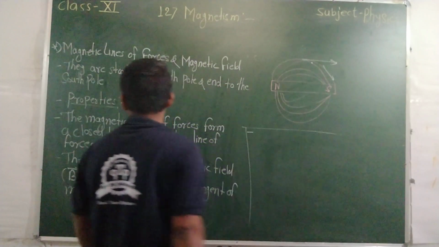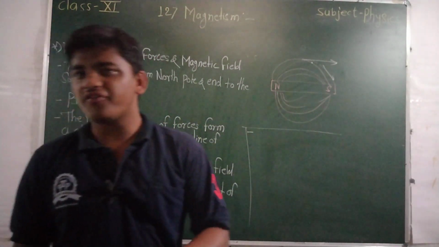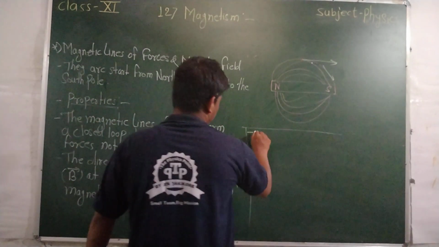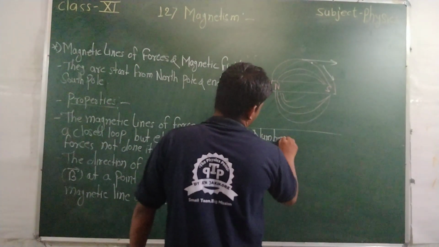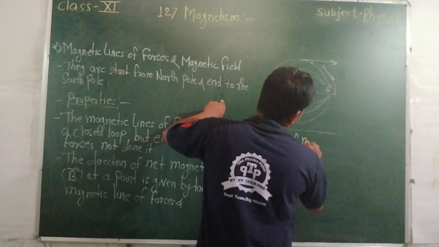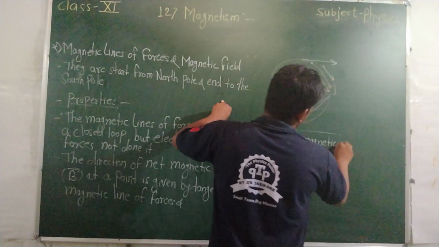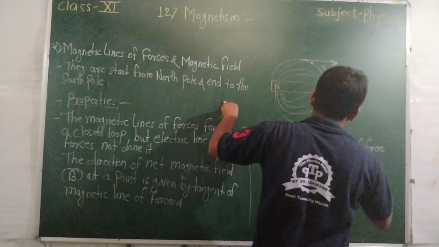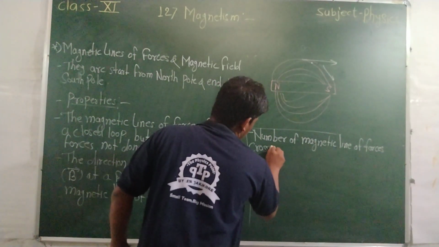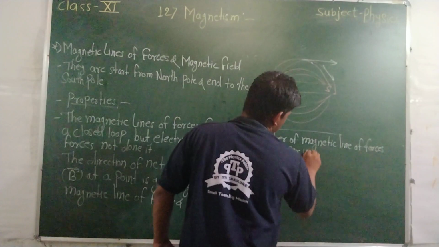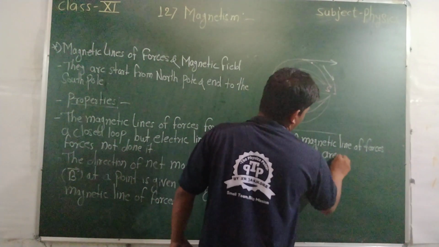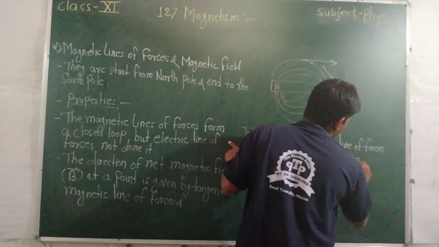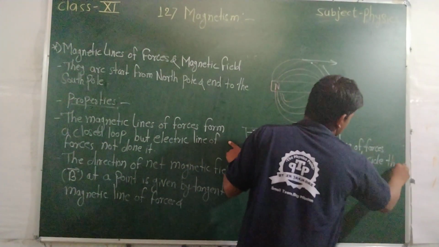Then the next property, number 3: the number of magnetic lines of force crossing per unit area gives the magnetic field. It decides the magnitude.